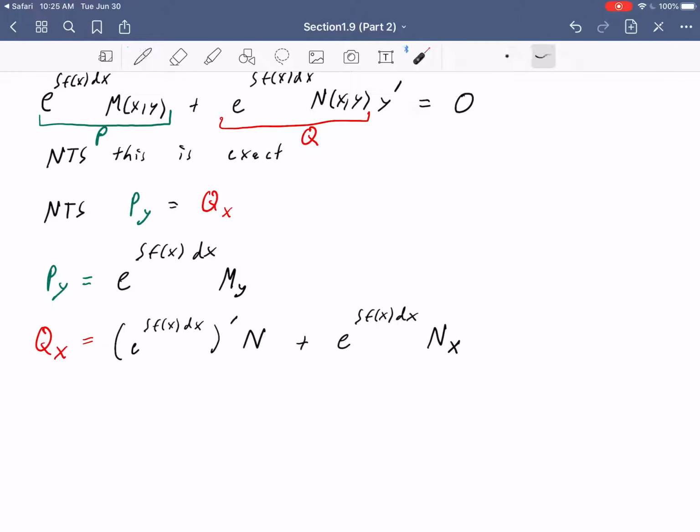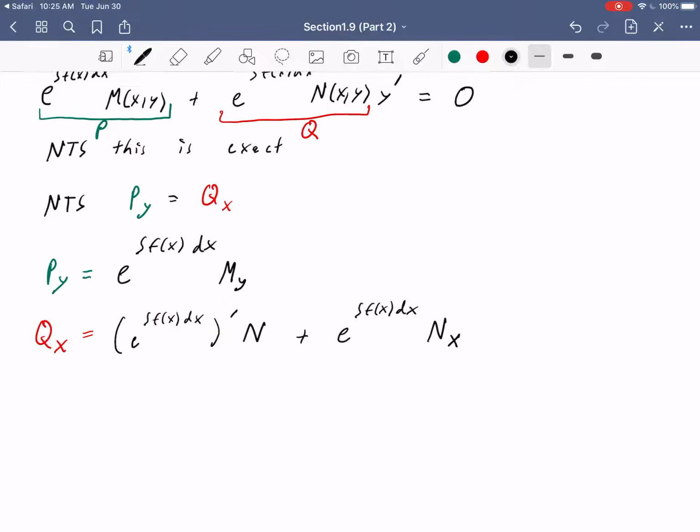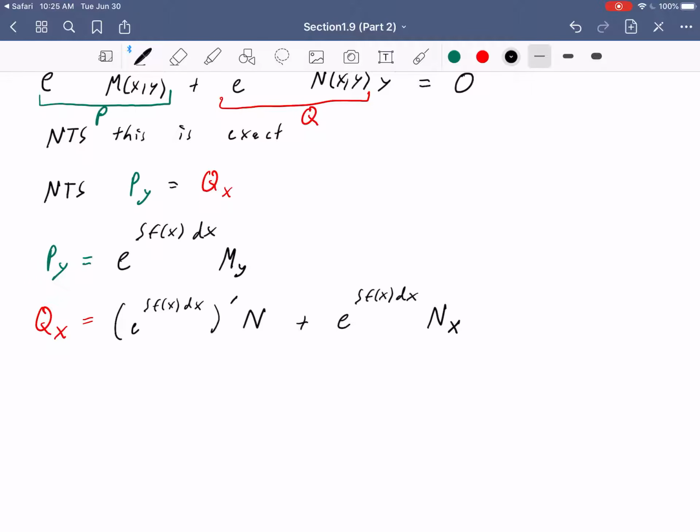Okay, now we can investigate this a little bit further. So we're taking the derivative with respect to x of a function of x here. So we're going to have to use a chain rule in here. So we can get that this is going to be equal to, if we differentiate that, well, the derivative of e to anything is just going to be the same thing. So e^(integral f(x) dx).